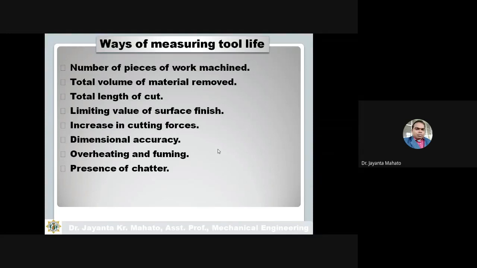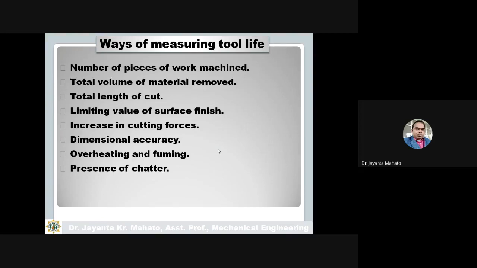After the wear of the cutting edge you cannot get the finished surface. Okay, so this is actually the limiting value. After that point you cannot get the finished surface.